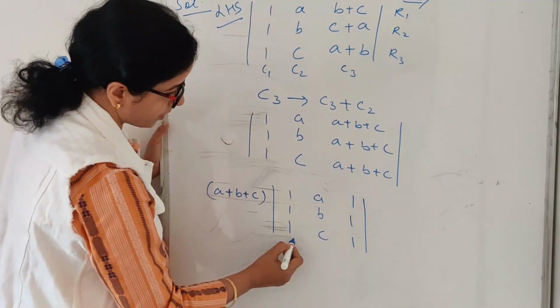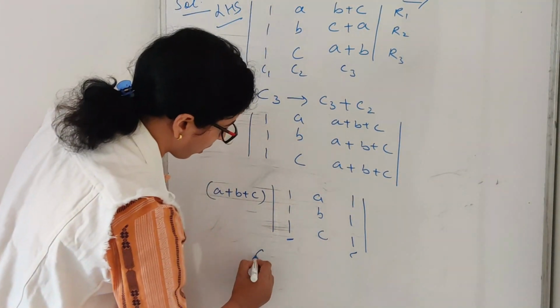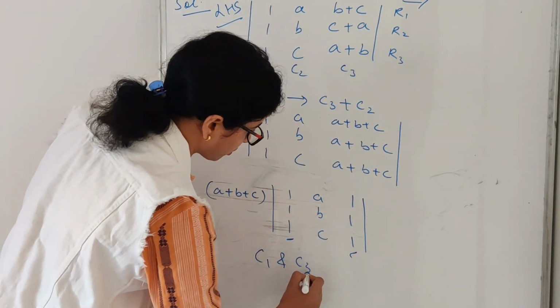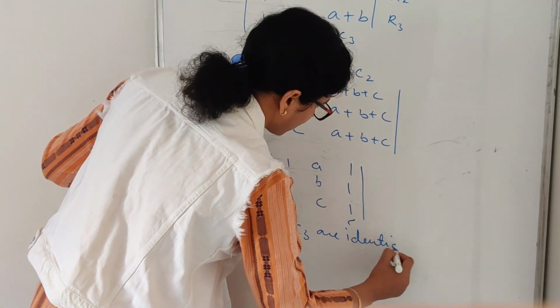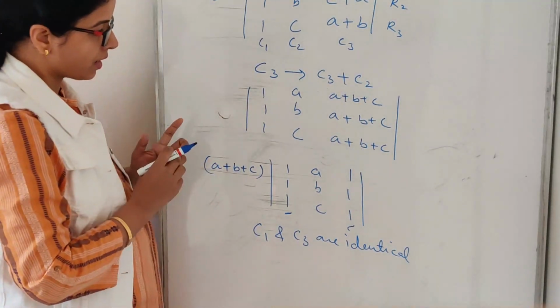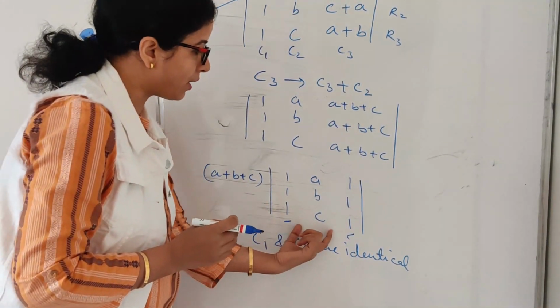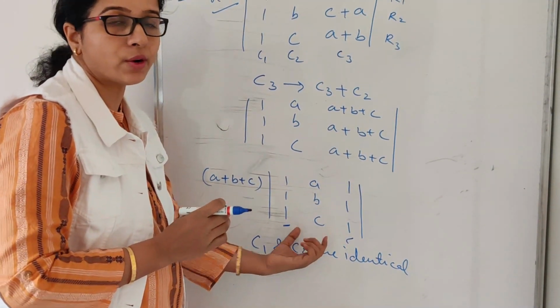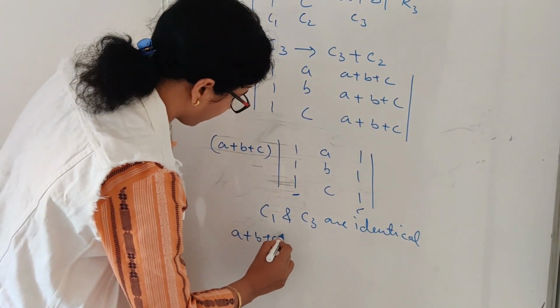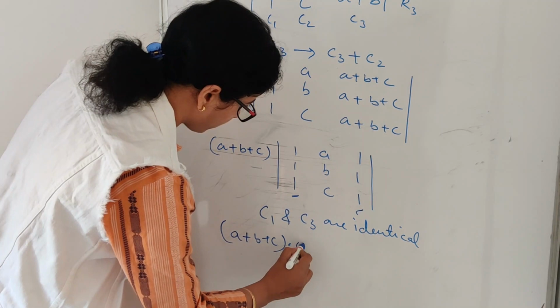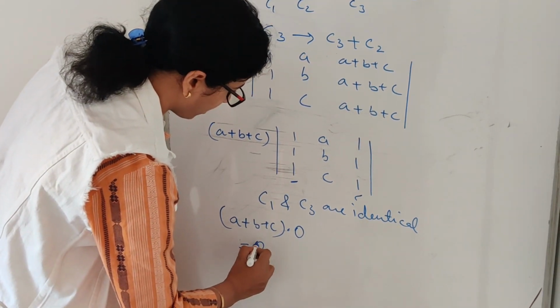Now see, my column 1 and column 3 are identical. So what does that imply? The value of this determinant will become 0. So a plus b plus c into 0 is equal to 0.